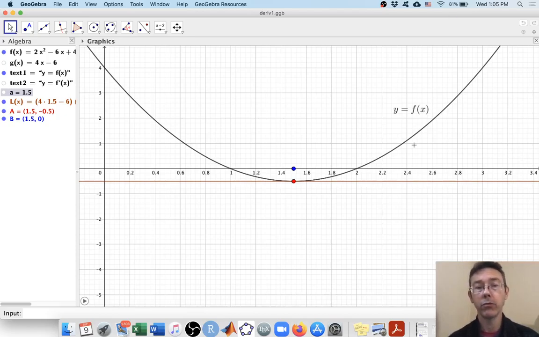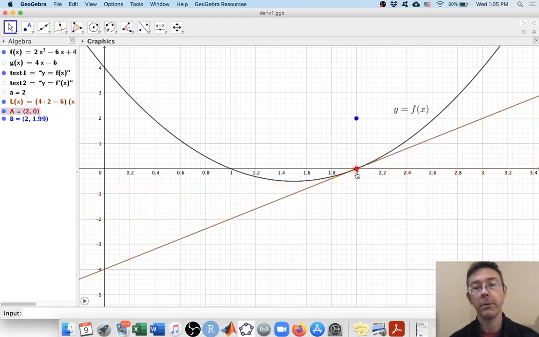Now, as I move this red dot around, I'm going to be changing the slope of that tangent line and therefore changing the value of the derivative. So the height of that blue dot is going to change. For example, when x is 2, the slope of this tangent line is going to be 2, and therefore the derivative function is going to pass through the point 2 comma 2.